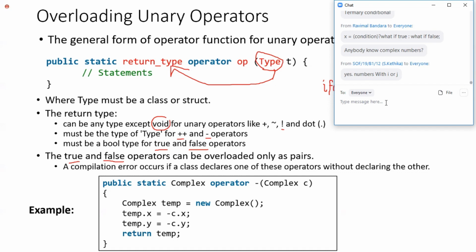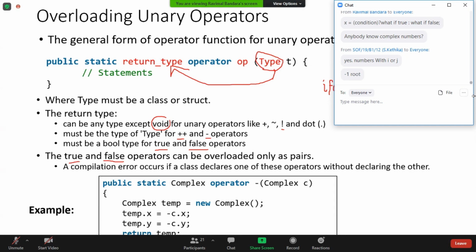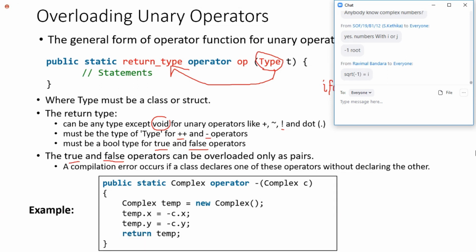I received an answer from Ketika. The answer is numbers with the root of minus one, or the root of a negative. In other words, if you have the square root of minus one, that means i. So complex numbers are like the normal numbers we use, right?